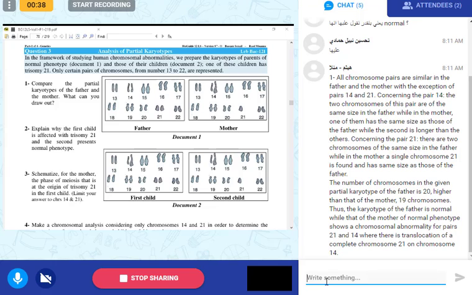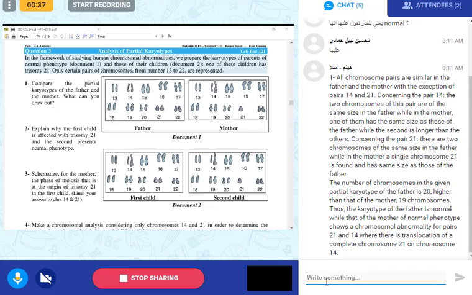Okay. Let me repeat the answer, but let me divide it into pieces or parts. First, I start with the similarities. All chromosome pairs are similar in the father and the mother, with the exception of pairs 14 and 21.